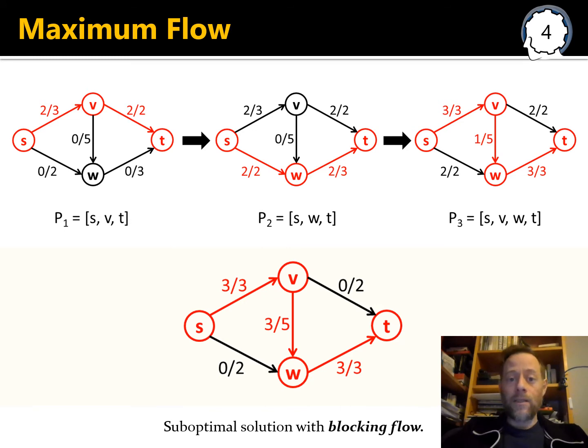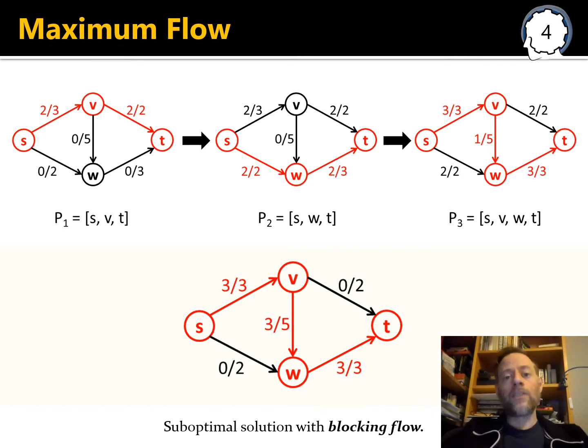In the second case, we have saturated the flow from s to w. And then there's one more flow that we can do, namely we can push one from s to v to w to t. Now all edges going out from s are saturated, and all the edges going into the sink are also saturated.